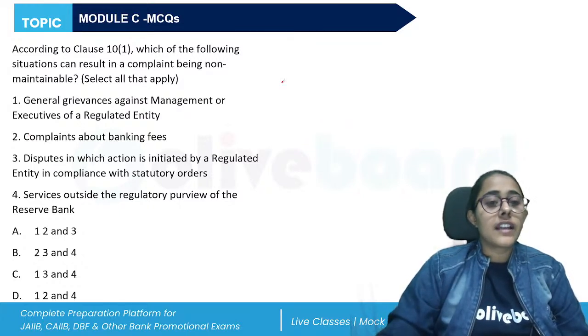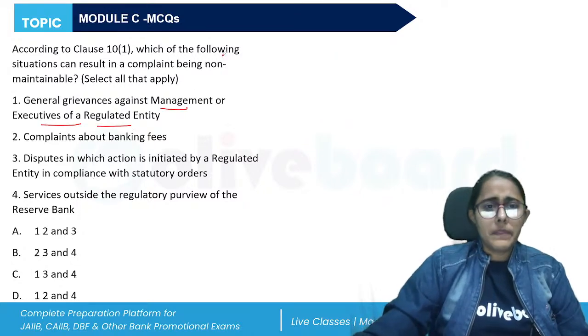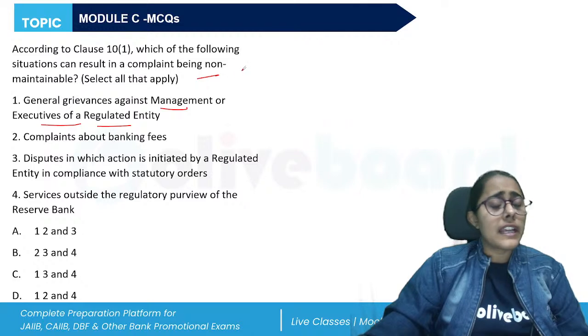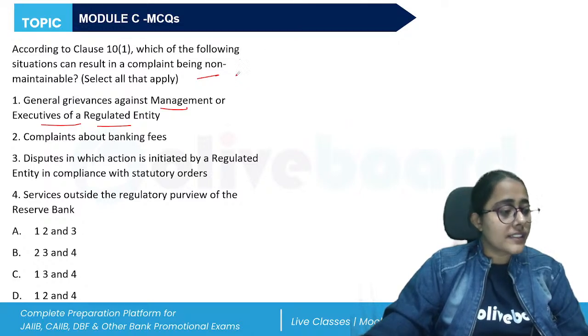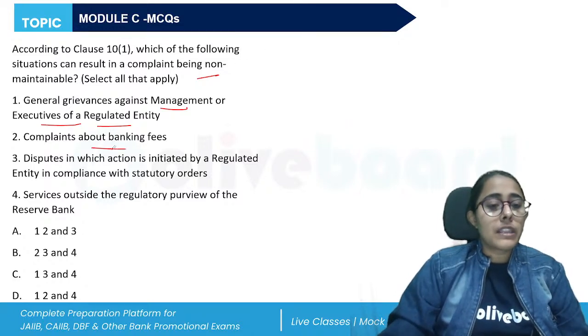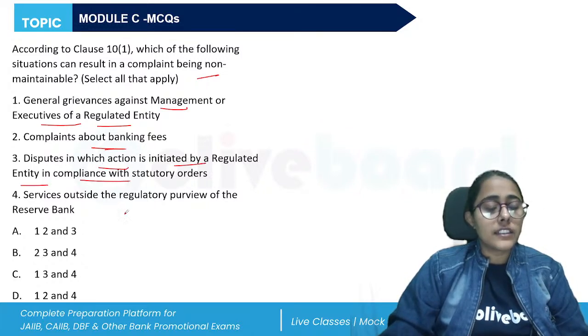General grievances against management or executors of a regulated entity. Basically, the CRPC will not take the complaint further, they will not process it further. Complaints about the banking fees, disputes in which action is initiated by a regulated entity in compliance with the statutory orders, services outside the regulatory purview.